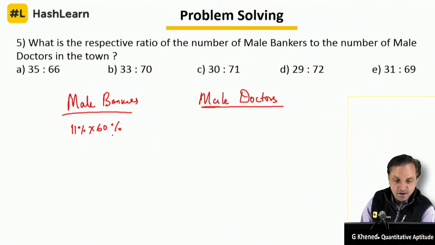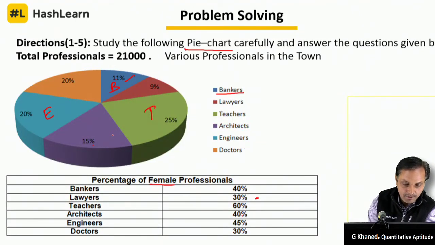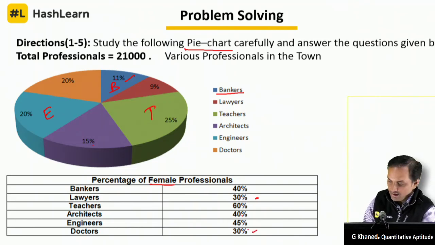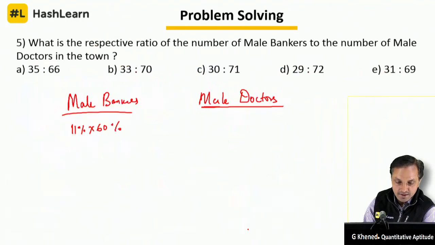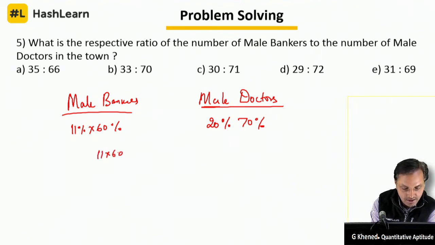And the number of male doctors. So what is the male doctors? So doctors are 20%, in that male are 70%, so 20% into 70%. So they are asking you the ratio, 11 into 60 divided by 20 into 70.